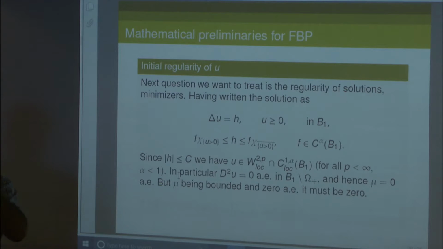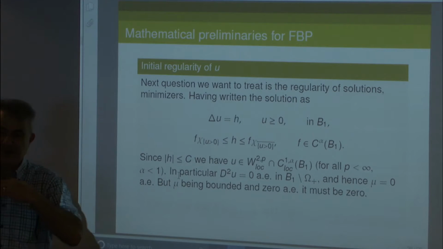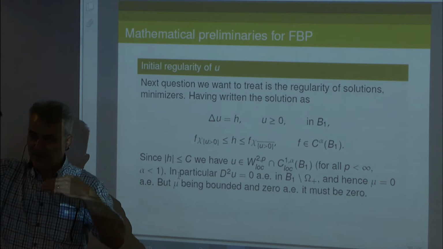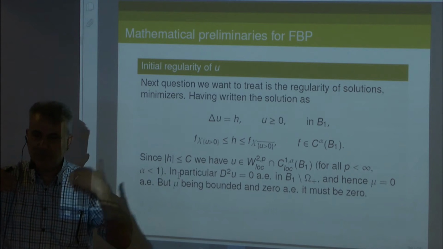And if the function is completely 0 here, the gradient has to be 0 there. So it's a very smooth function. And that forces already that this measure, which in that example was a Dirac mass, is not there. So the function x plus was not an answer to our problem here.